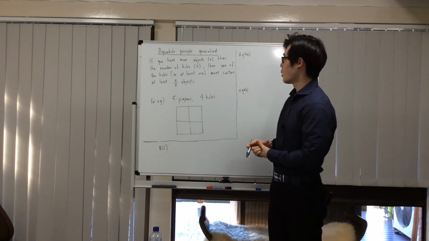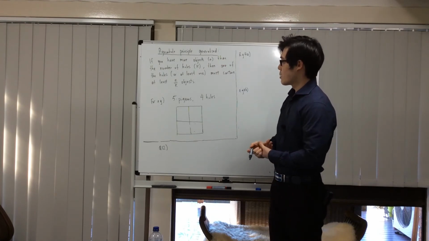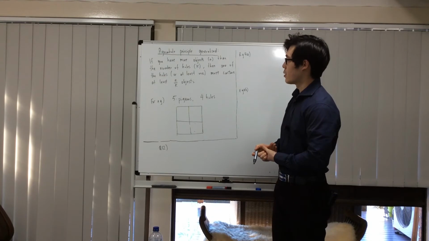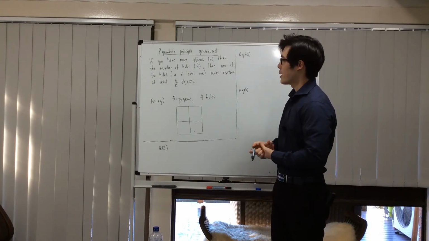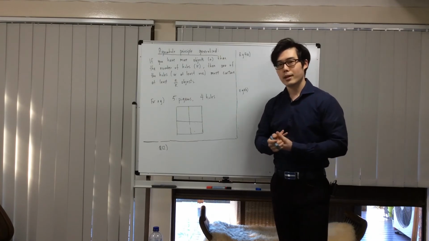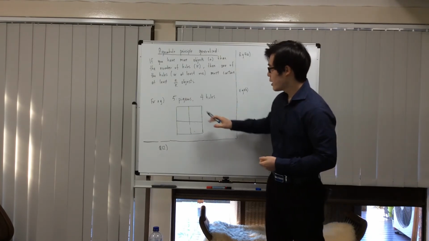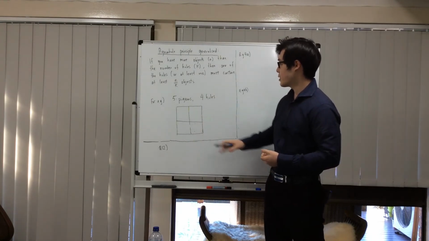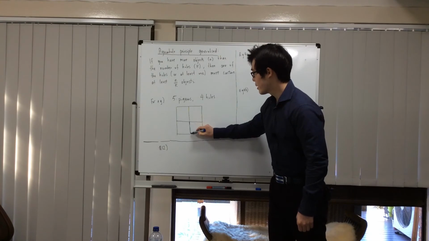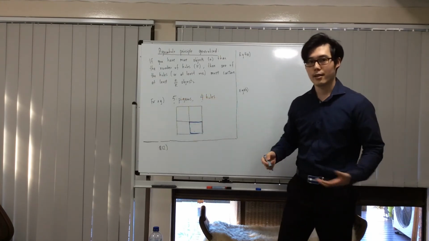If you have more objects, represented by the letter N, than the number of holes, represented by the letter K, then at least one of the holes must contain at least N over K objects. So going back to our same example from the other side of the board, if there are 4 holes and 5 pigeons, then in one of those holes there's got to be at least 5 over 4 pigeons.